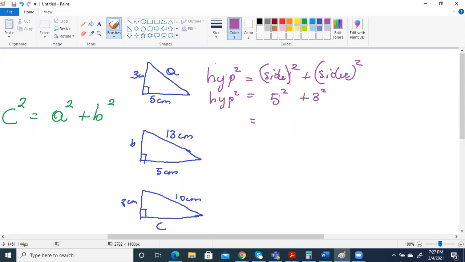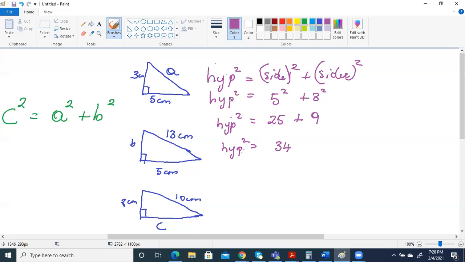So then 5 squared, if you just plug that in your calculator, 5 times 5, you should get 25, plus 3 squared, 3 times 3 should give you 9. So that's your hypotenuse squared, and 25 plus 9 should give you 34, I think.